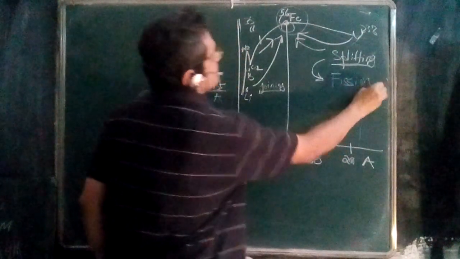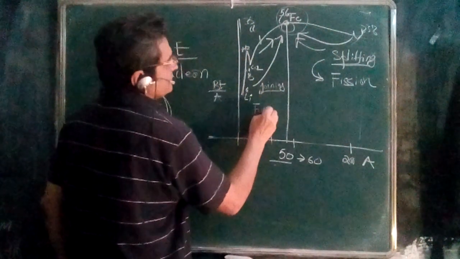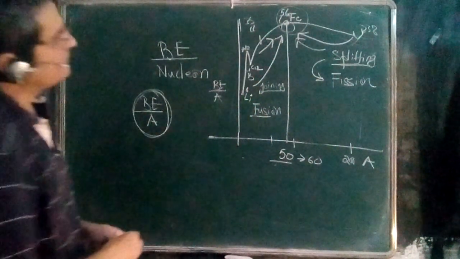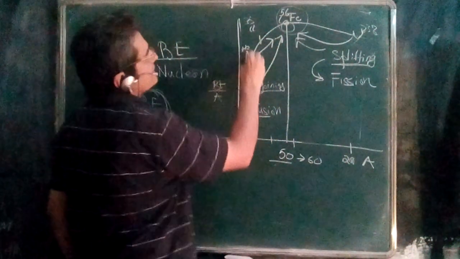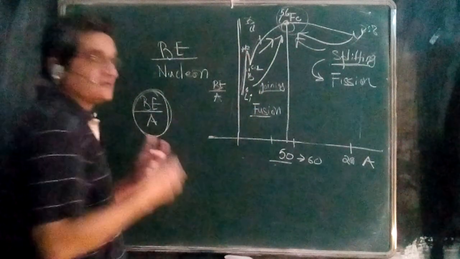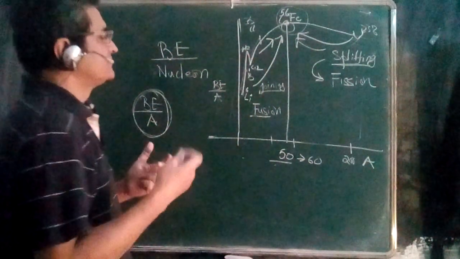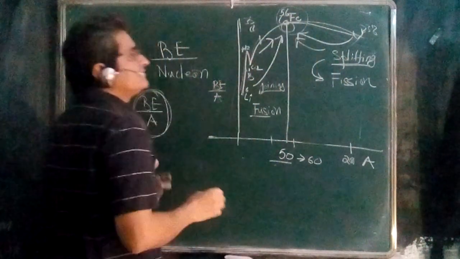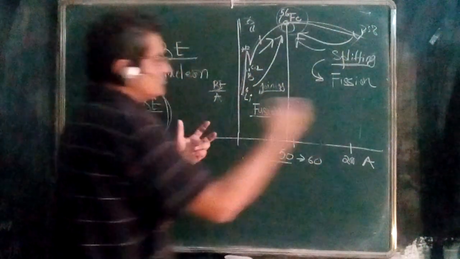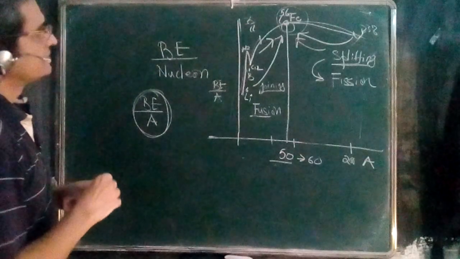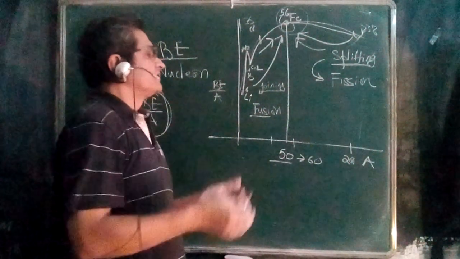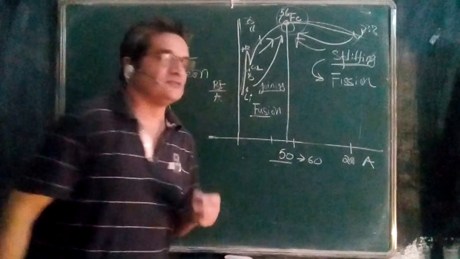This is nuclear fission, and this represents fusion. So the elements on this side are likely to fuse, provided the appropriate conditions of temperature and so on are maintained, and here they are likely to undergo fission to migrate towards the more stable region. So this is briefly about the binding energy per nucleon, and how it is linked with fission and fusion.